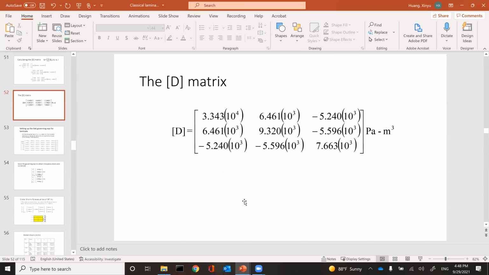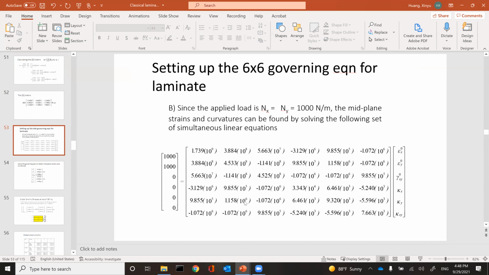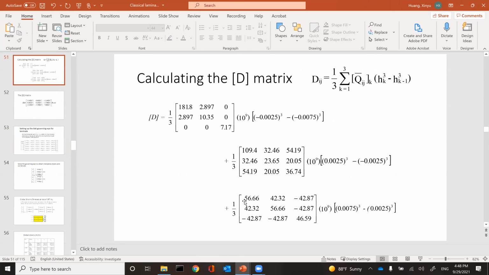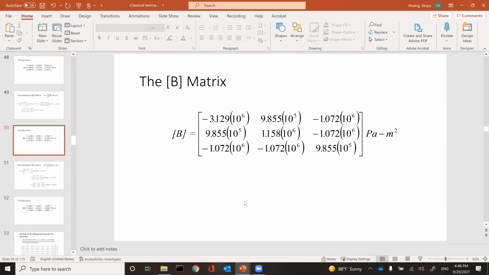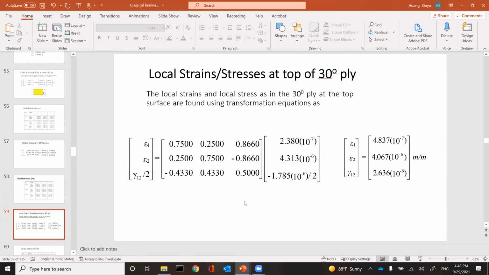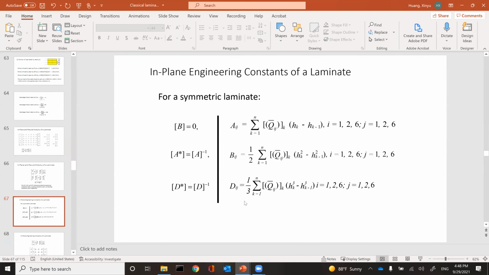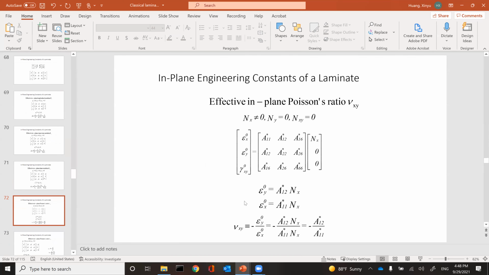So ABD shows some certain pattern depending on whether the matrix is symmetric or anti-symmetric, and balanced or unbalanced. I guess I didn't have it here. I'll talk next time. Now I want to talk about another subject, which is thermally induced stress.